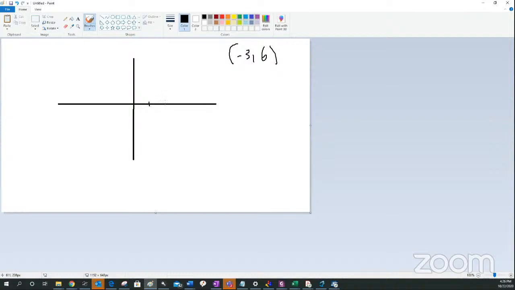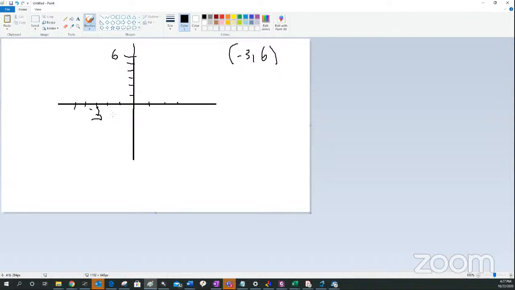And then the question was parallel to the x-axis, and the x-axis goes across, and y equals 6, because 6 was parallel. So that's how I got my answer. Okay. All right. Thank you.